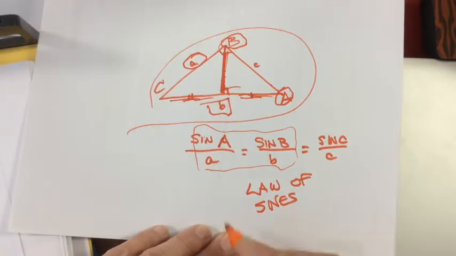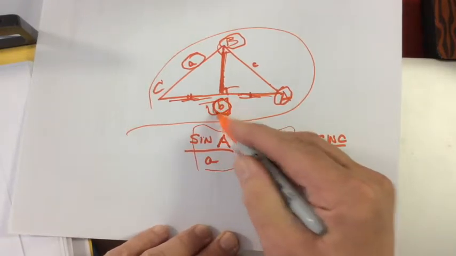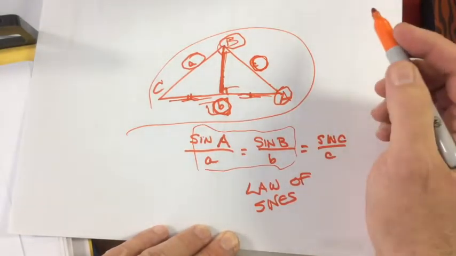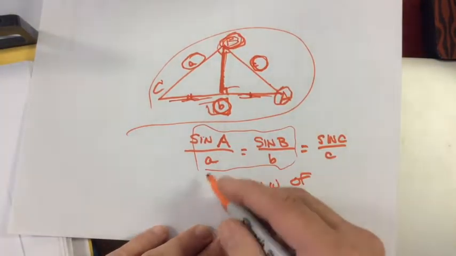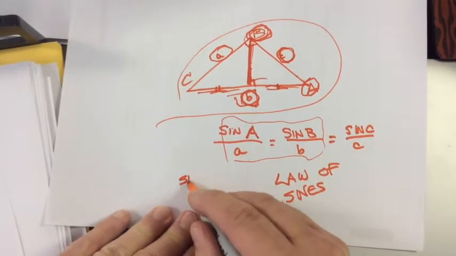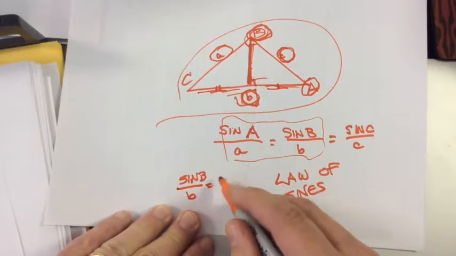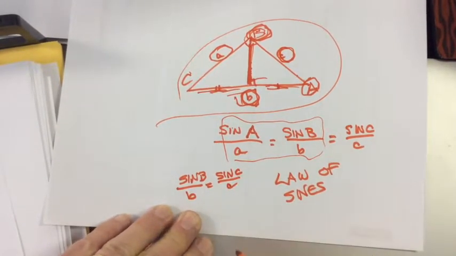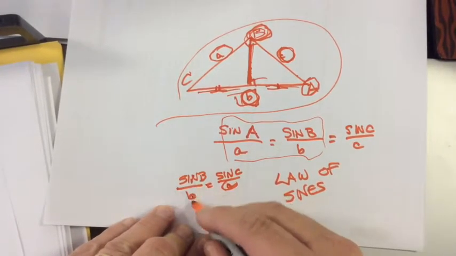Well, if I knew this side, and I knew this side, and I knew this angle, then I would know that the sine of b over b would be equal to the sine of c over c, right? This number I know. These numbers I know.